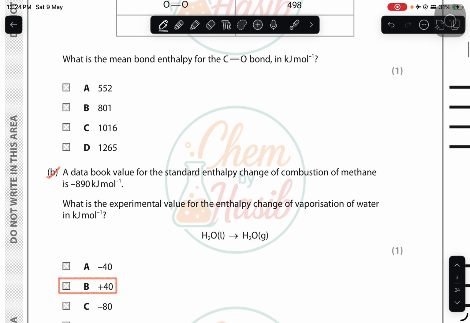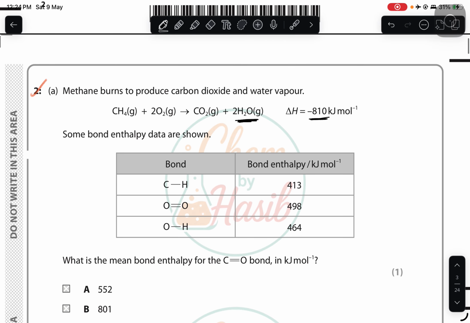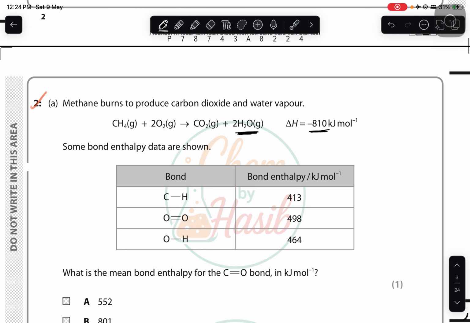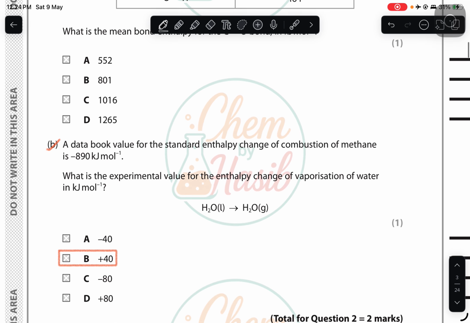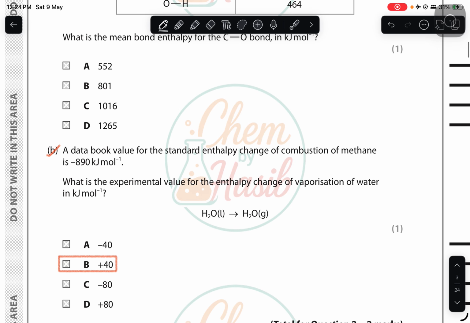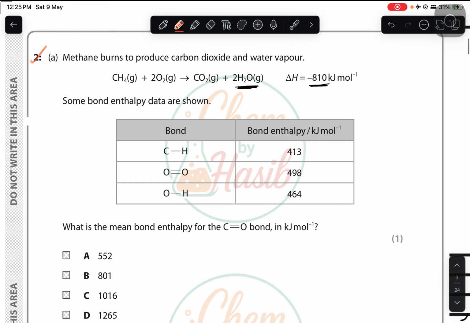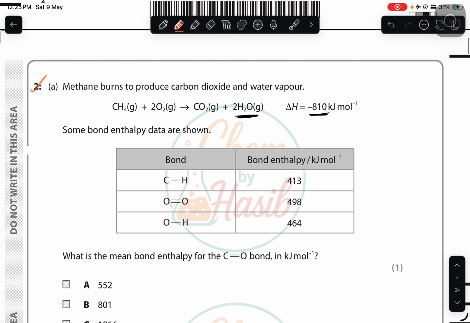Now, when you look at the standard value for the enthalpy change of combustion of methane, it is minus 890, right? Now there is a difference.